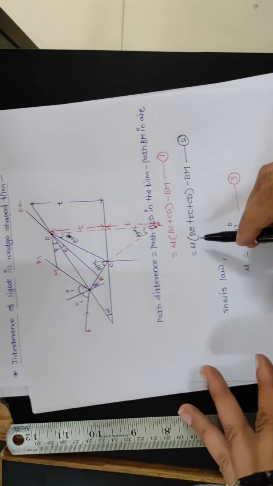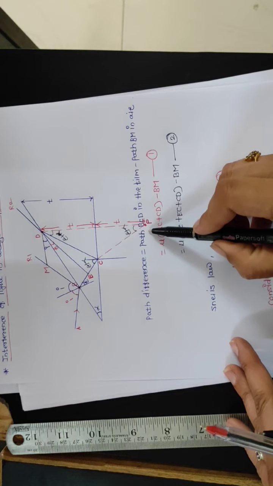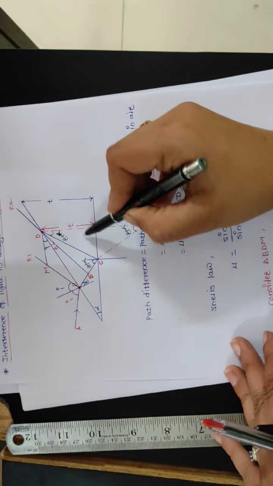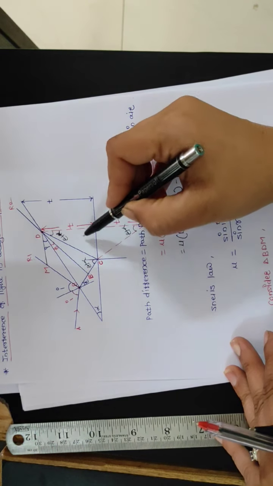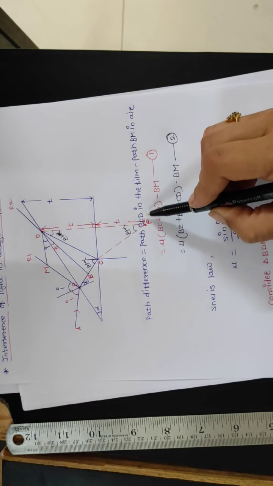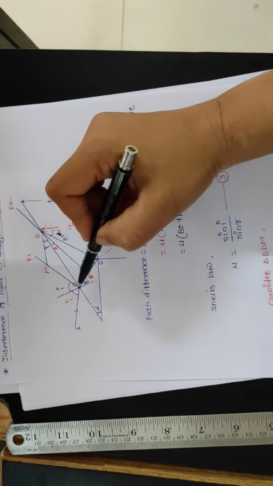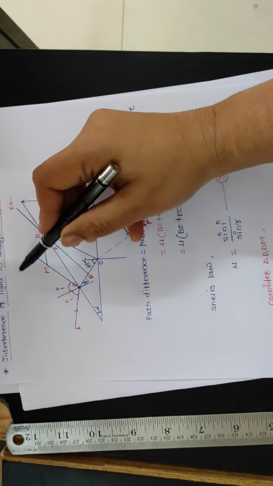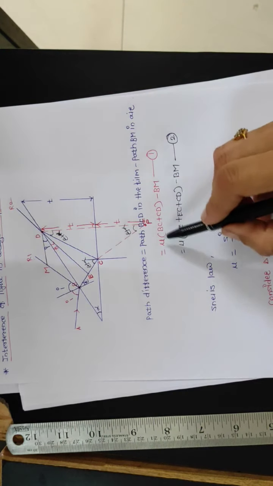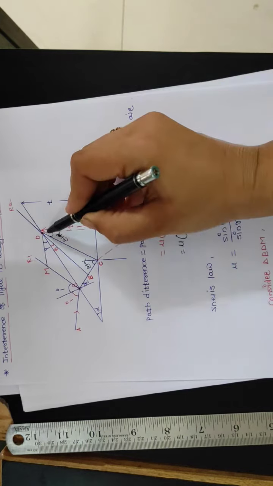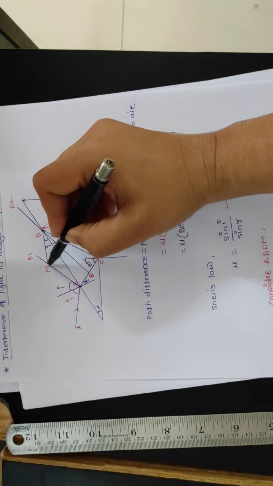Therefore we can write path difference is equal to path BCD, that is the path inside the film, minus path BM in the air. BM means this is the air medium. So we can write instead of this, mu into BC plus CD minus path BM.